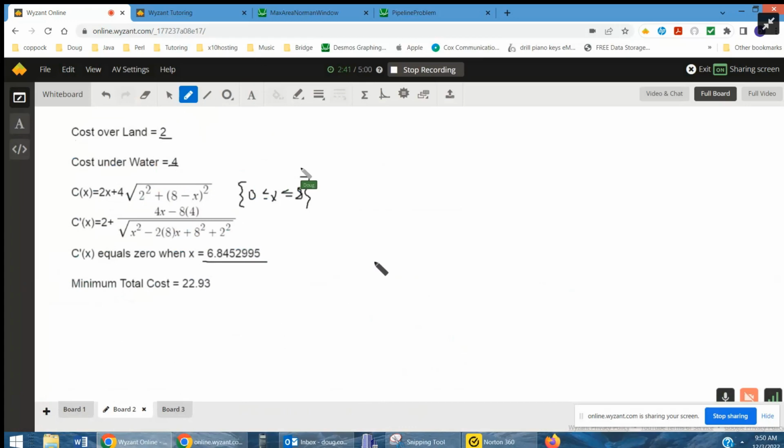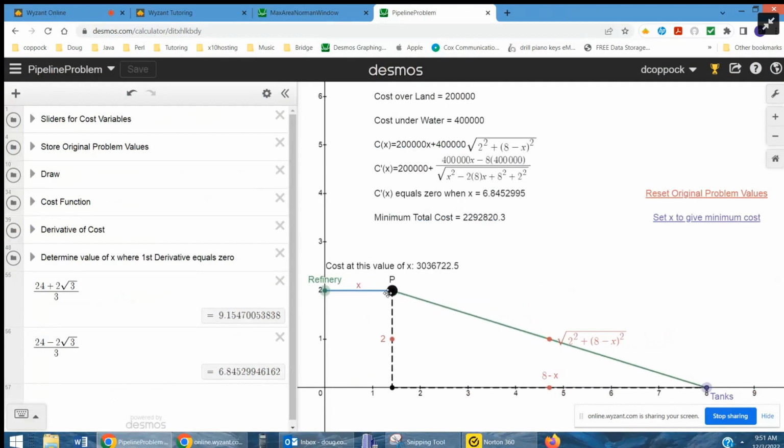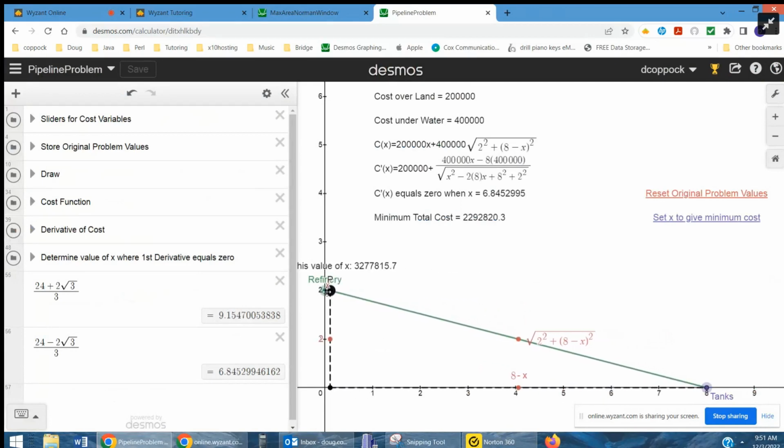Let's just go to Desmos for a second. What happens if we don't have any pipe over land? Well, the total cost there is 3.3 million.